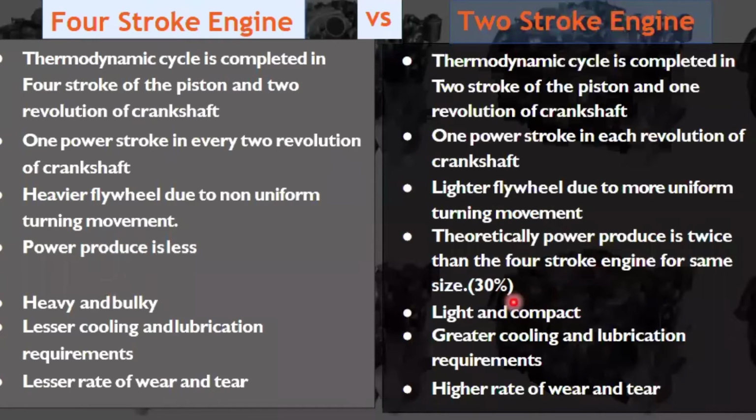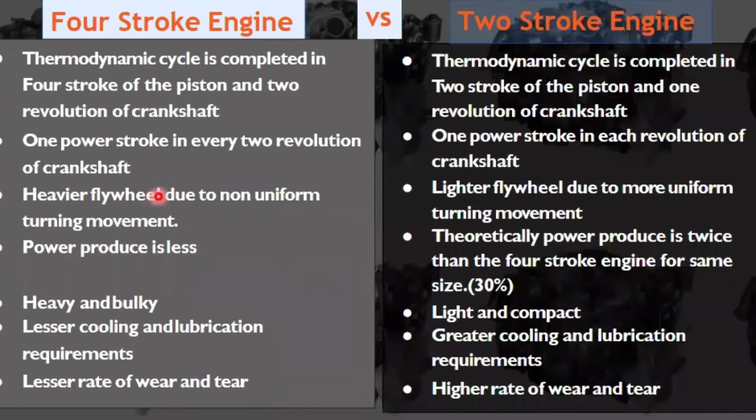Why is the power produced less in the four-stroke engine? Since we need two crankshaft revolutions, for every 2 crankshaft revolutions we get 1 power stroke. So we get less power in the four-stroke engine. In two-stroke engines, for every revolution we get 1 power stroke, so we get more power, of course double the power.